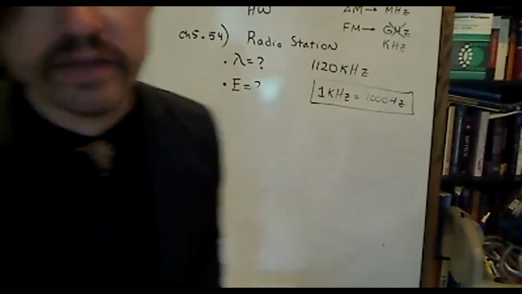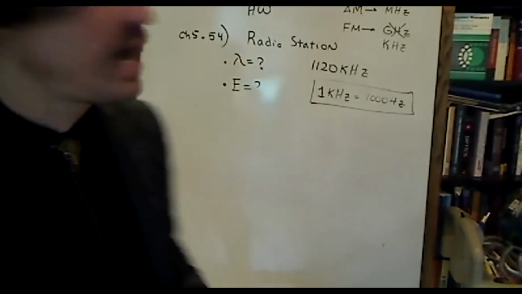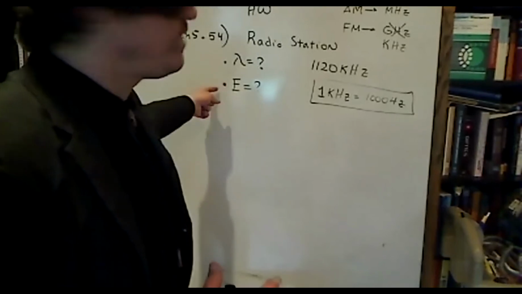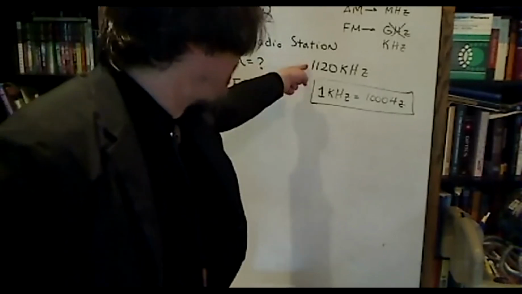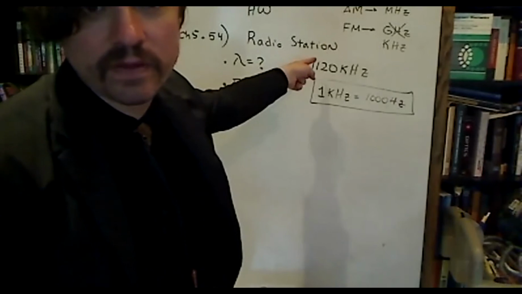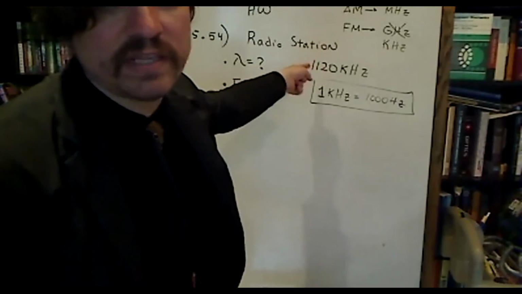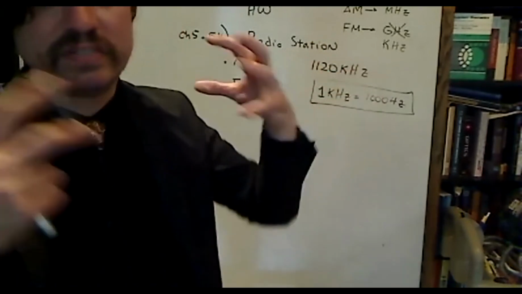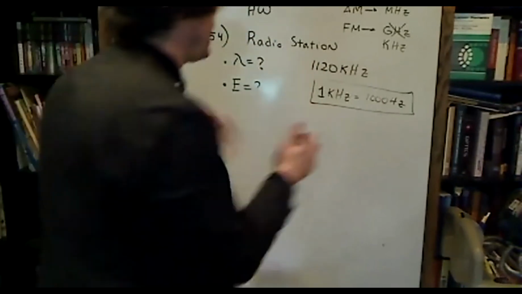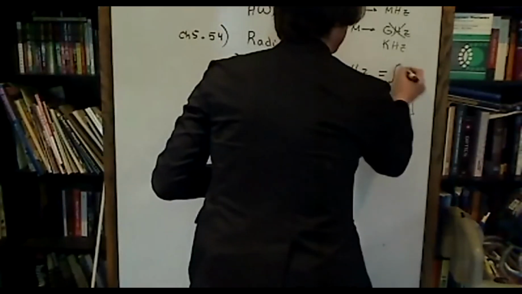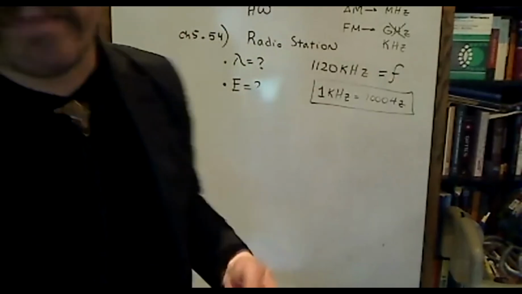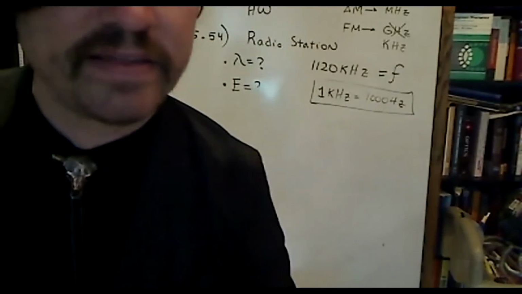My question is not clear to you guys, and that's fair. We have to find wavelength, and we have to find energy. What does 1120 kilohertz measure? That's the frequency. Thank you. I just wanted to make sure that you guys could identify that as the frequency without my help.